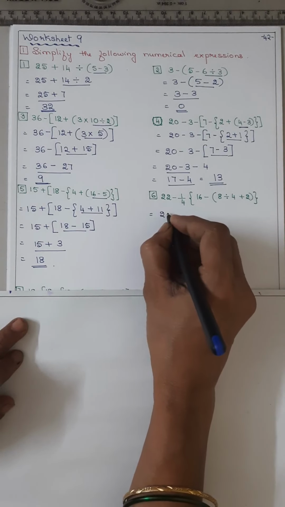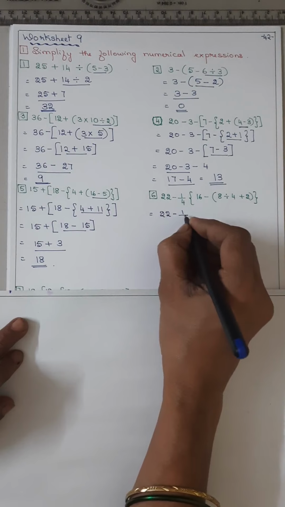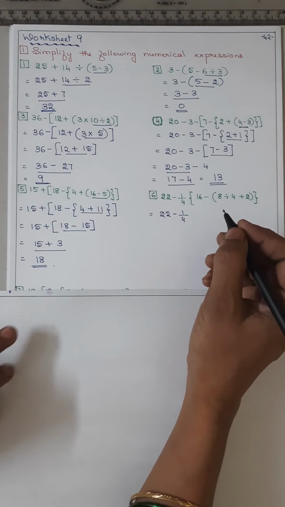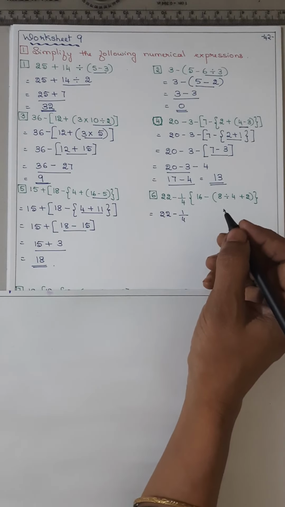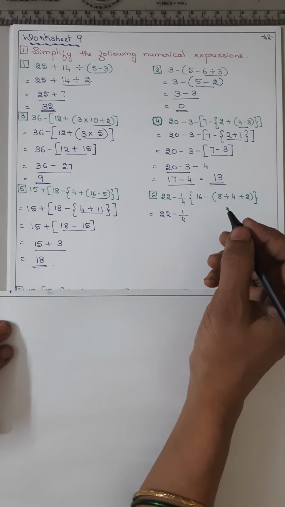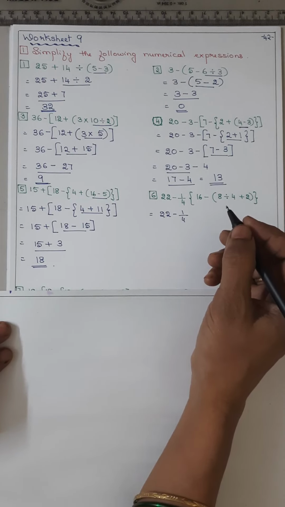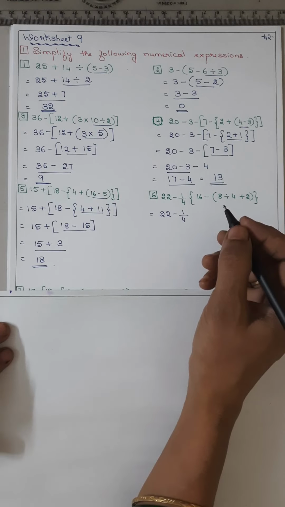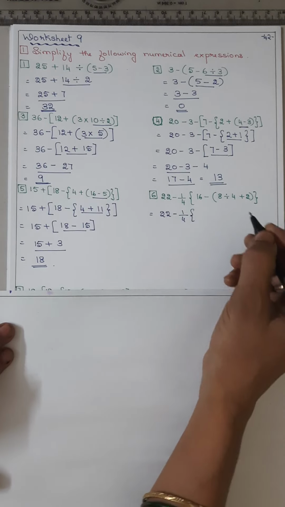So same method, but the calculation part is according to the fractions and decimals. You know, last year you have learned all the operations on fractions and decimals, so that you have to solve.